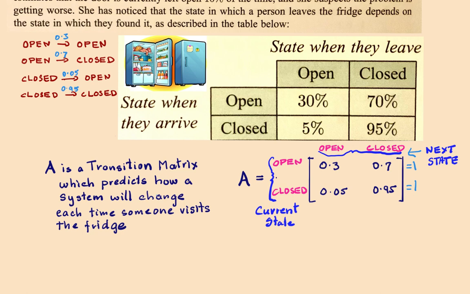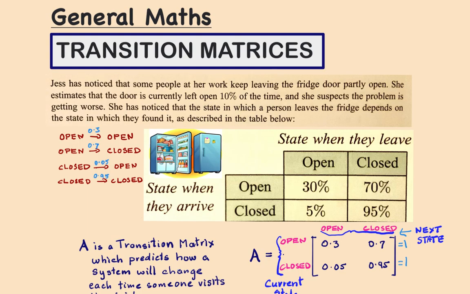Now we need to describe another matrix, which will describe the current or the initial state of the system. We'll call this matrix S, for the initial state of the system. In this case, our S matrix is described when she estimates that the door is currently left open for 10% of the time.